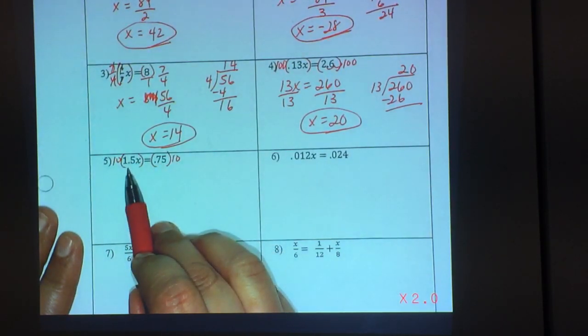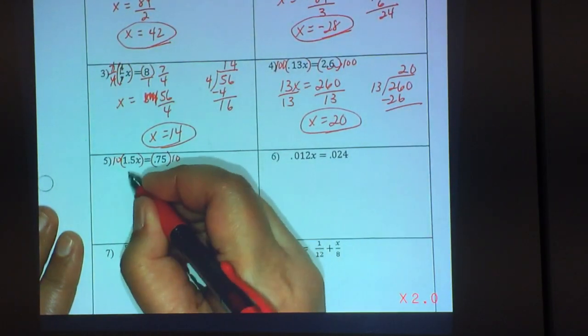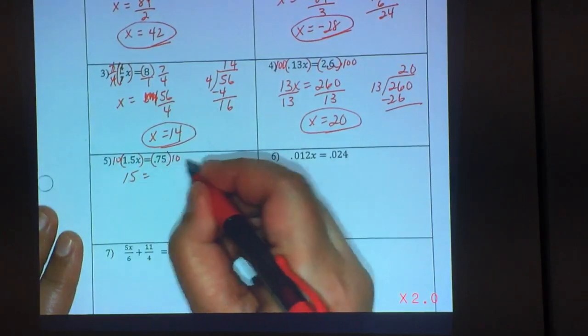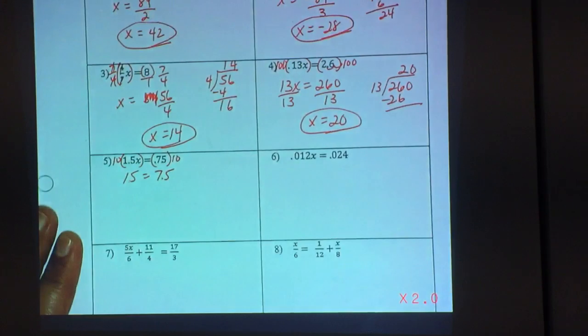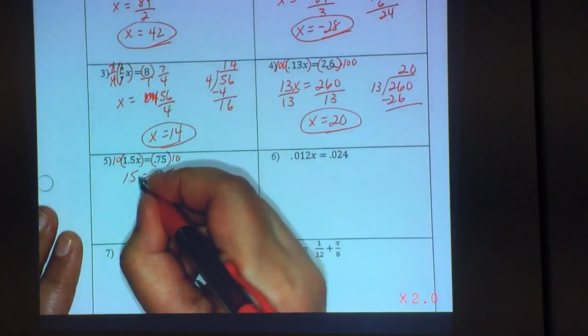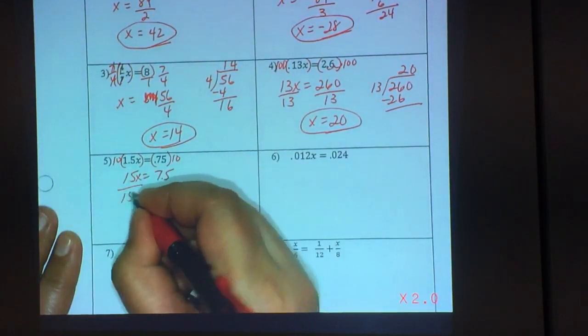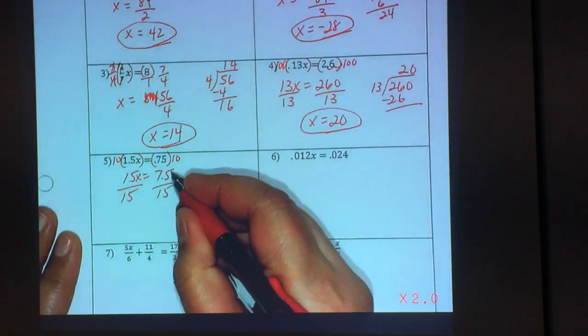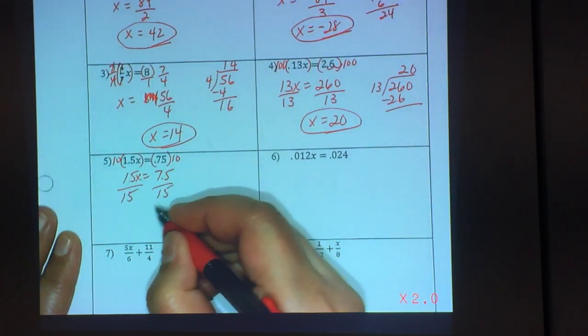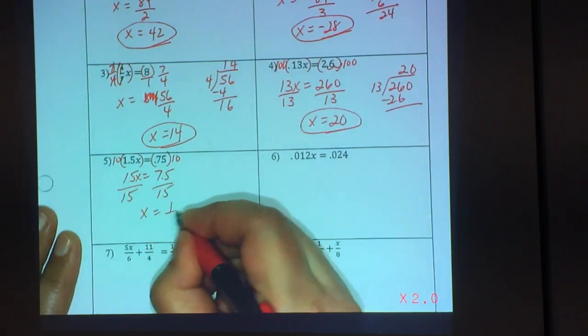This is a coefficient. So this becomes 15x equals 7.5, and I'm only moving it over once. So divide by 15. Isn't 7.5 half of 15? So this is going to be 1/2.